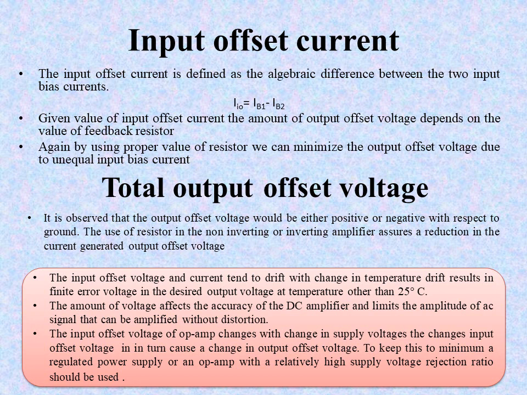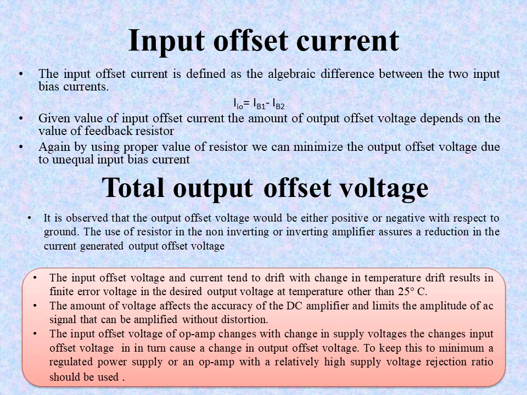So these are all the problems with the practical op-amp. These two additional circuits should be added along with the circuit that is used to make the operational amplifier perform some mathematical operation or task. It should always be remembered that there is a difference between a practical op-amp and an ideal op-amp.